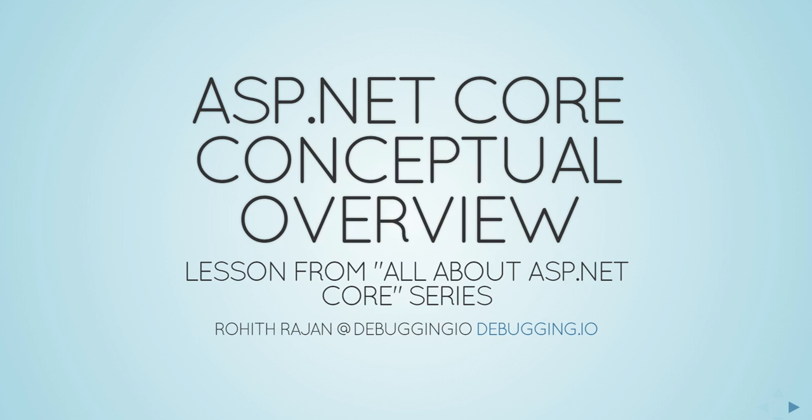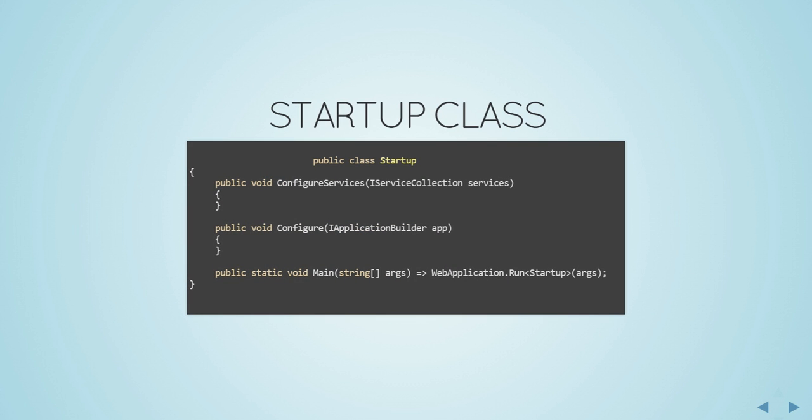So let's see, the first and foremost thing about an ASP.NET Core application is the startup class. The startup class is just a normal CLR class, a C# class, or VB.NET or whatever language you write. Basically, just a class which should have two methods: ConfigureServices and Configure.